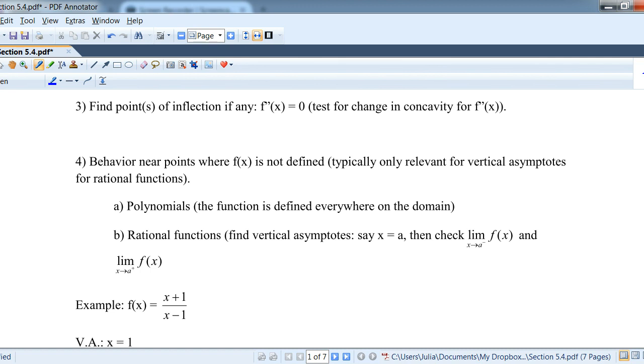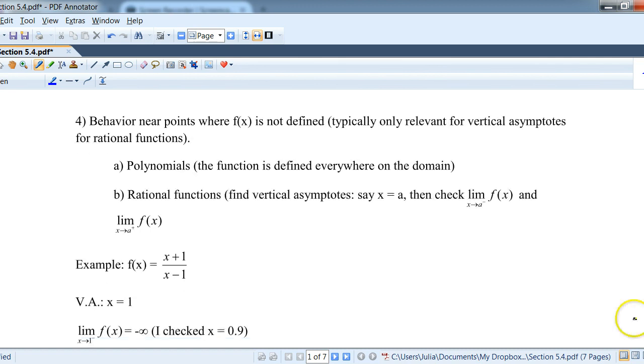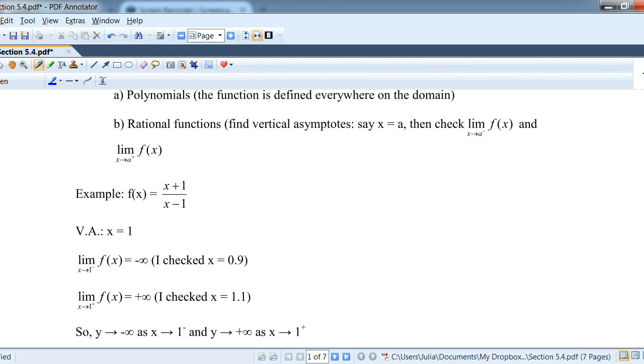So for example, if we have the function (x plus 1) over (x minus 1), with a vertical asymptote, you may note the denominator is 0 when x equals 1. This one I did analytically. The limit as x approaches 1 from the left is negative infinity. How did I know that? I picked, let's say, a point close to 1 but smaller than that. If you recall with limits, let's say 0.9, the top would be positive, but 0.9 minus 1 would be negative.